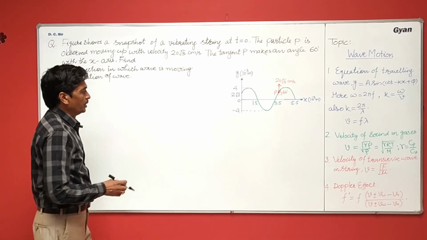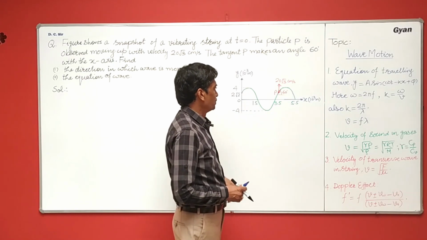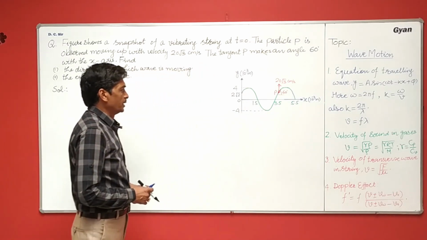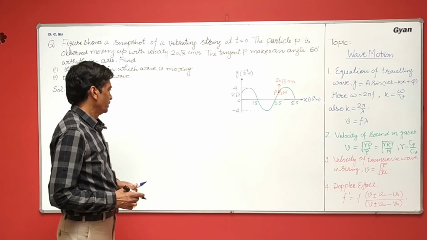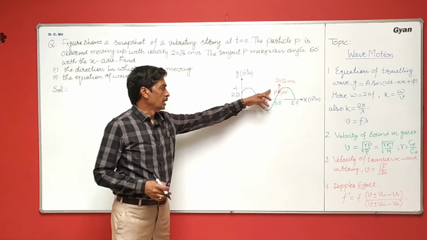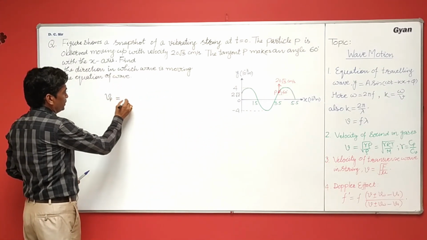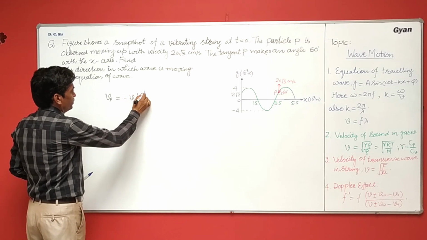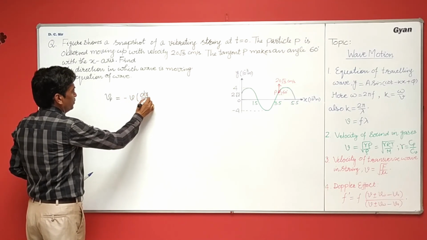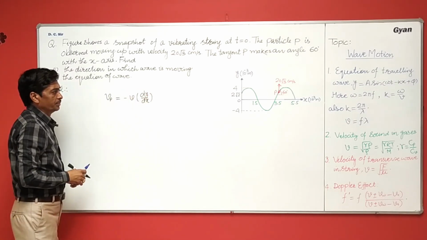Here you are given the snapshot of the wave at t = 0. Firstly, to get the direction of motion of the wave, we have the relationship between the particle velocity and the wave velocity. That is, the particle velocity is equal to minus v times the slope of the curve at the point, dy/dx. This is actually the strain of the medium.